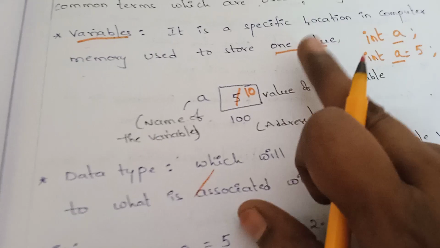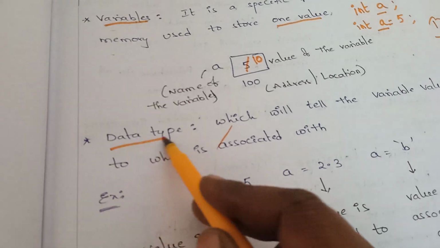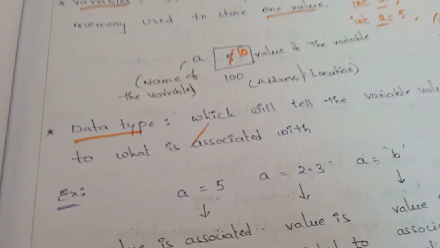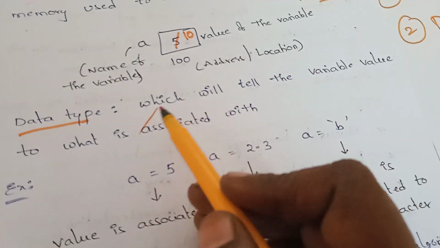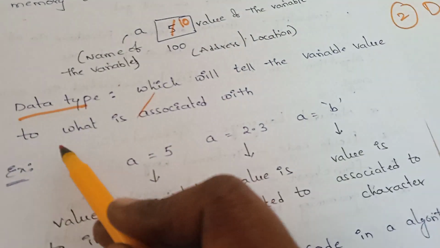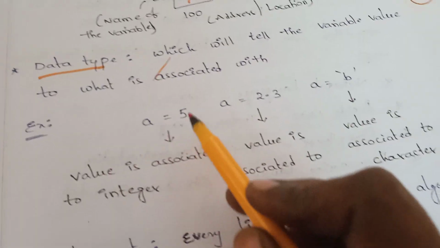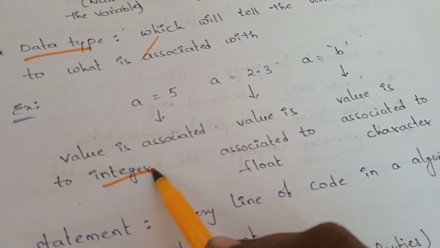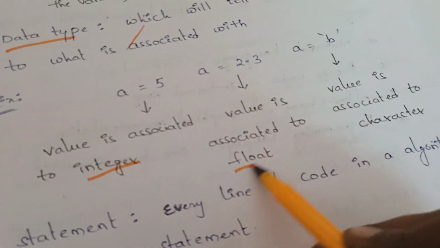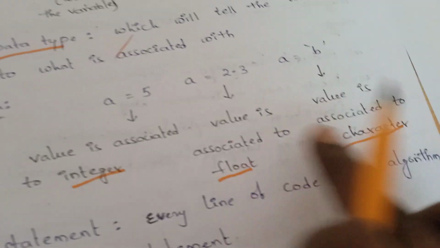And what other common term in an algorithm? Data type. What is a data type? A data type always tells what the variable's value is associated with: whether it is associated with integer, float, or character. Who will tell?